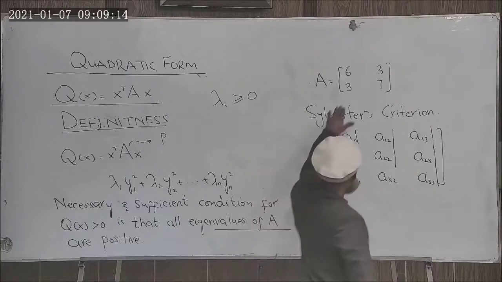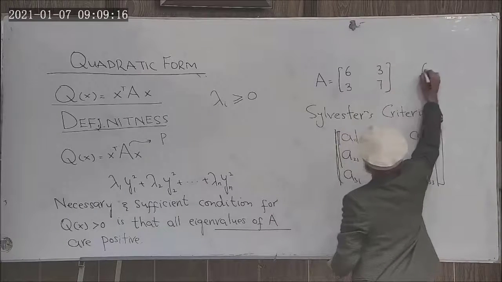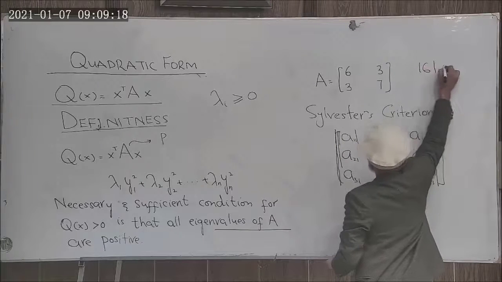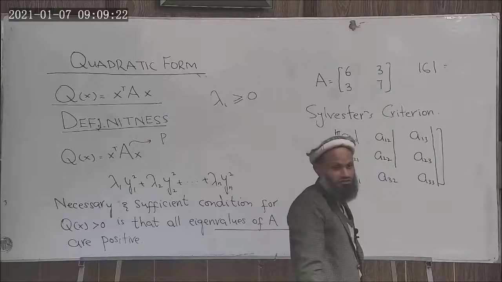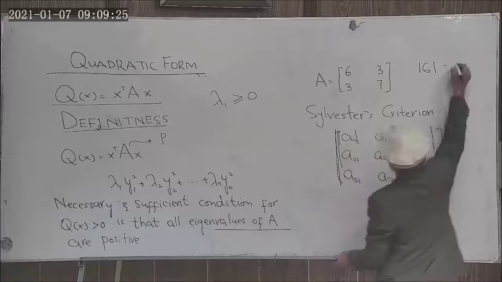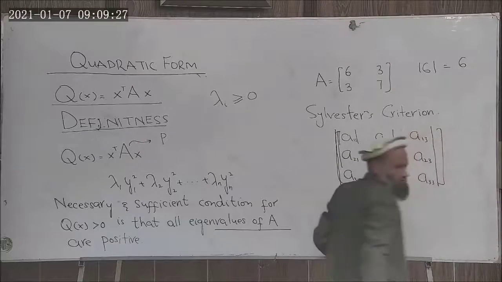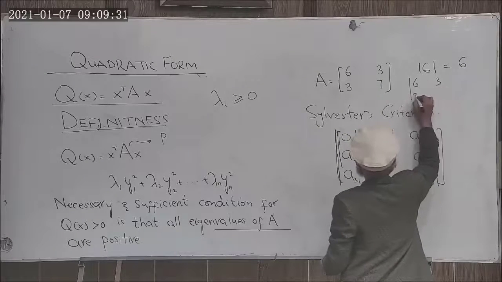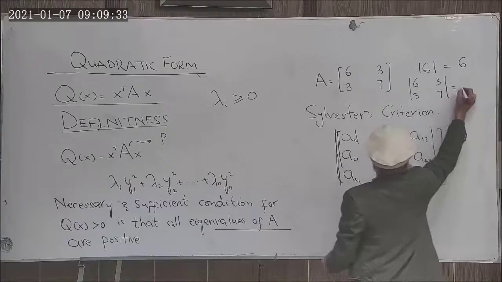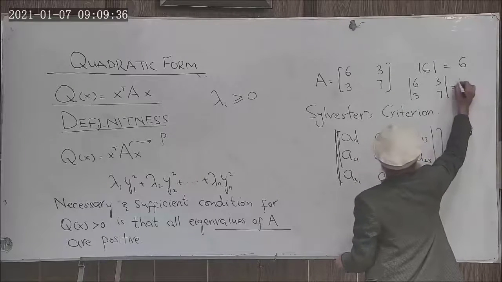For example, here what is the determinant of this matrix? This is not the absolute value, remember that, this is the determinant, and it is equal to 6, right? And what is the determinant of this thing? 39.